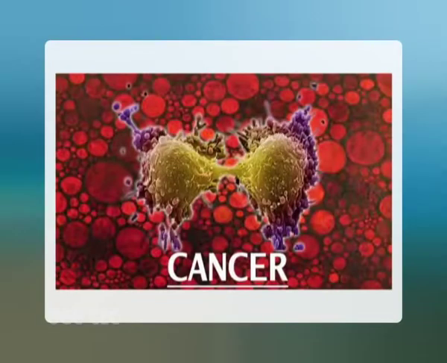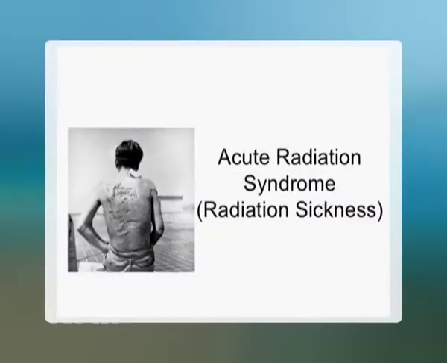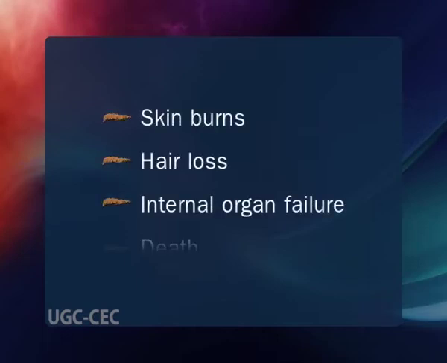Exposure to ionizing radiation is considered to increase the risk of cancer. Ionizing radiation has many practical uses in medicine, research and construction, but presents a health hazard if used improperly. Exposure to radiation causes damage to living tissue. High doses result in acute radiation syndrome with skin burns, hair loss, internal organ failure and death.